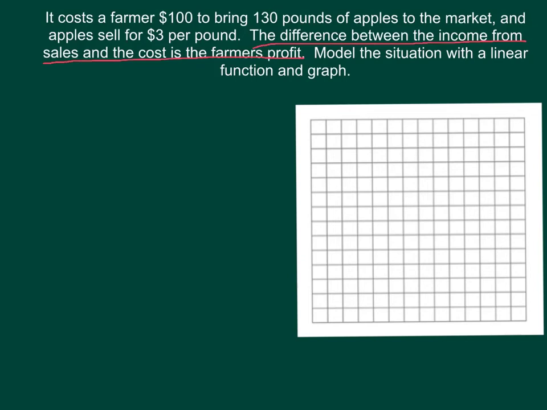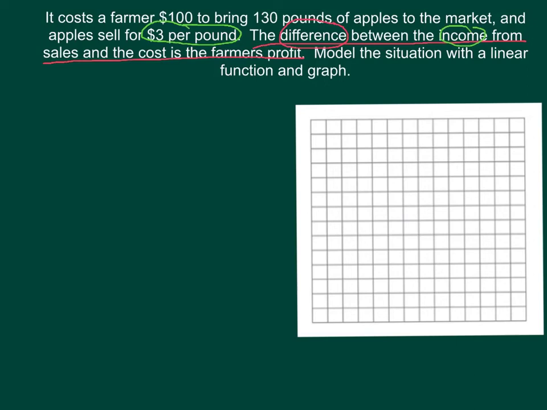So the sentence I underlined is kind of what we're going to use to make our equation. The difference, so you're looking at subtraction, between the income, so how does he get income? He gets income by selling apples at $3 per pound. And then the cost, how much did it cost the farmer?